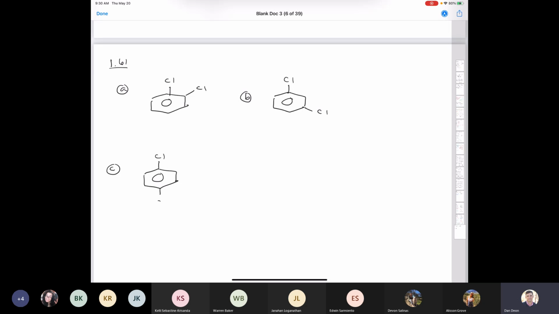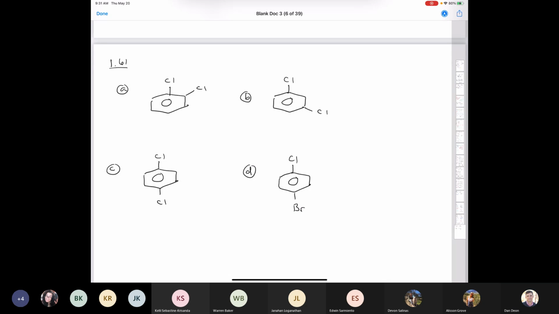We have a chlorine here and a chlorine here. And then D, we have a chlorine and a bromine that are paired to each other. There we go. So the question asks, identify which compounds possess a molecular dipole moment and indicate the direction of that dipole moment. Are there any compounds in here that people think might be polar compounds?